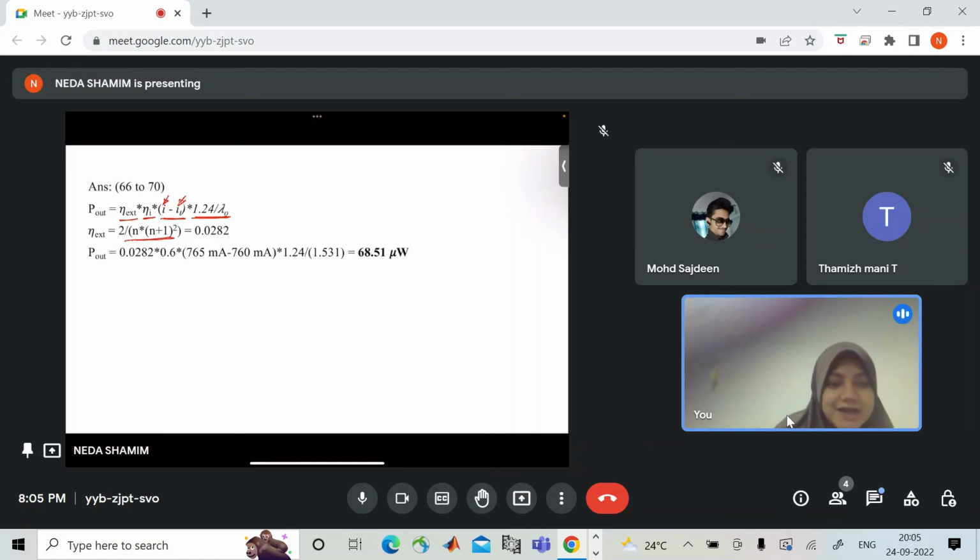Basically this one should be I by E, so that goes over here in this h nu into I by E, times the internal quantum efficiency will give you the internal power. If you want the output power you have to multiply that with the external quantum efficiency, and external quantum efficiency is dependent on the refractive index of the material.